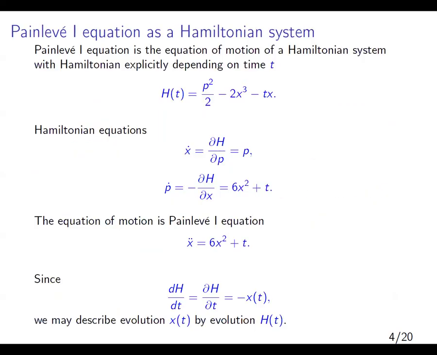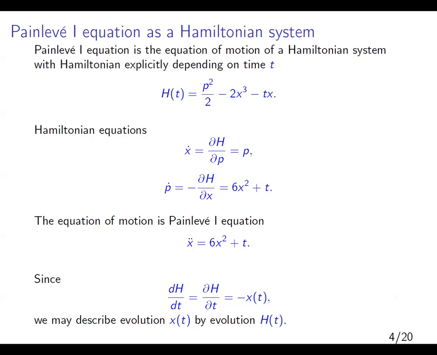About the Painlevé I equation, it can be considered as a Hamiltonian system, for example. In this case, we should take the Hamiltonian dependent on time. If we take such a Hamiltonian as written here and write Hamiltonian equations, then the equation of motion is exactly the Painlevé I equation.